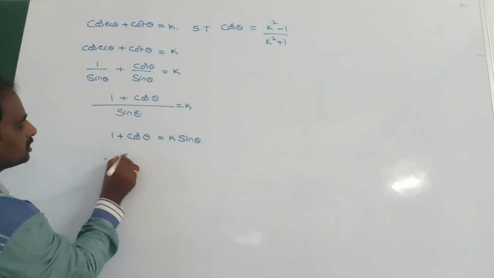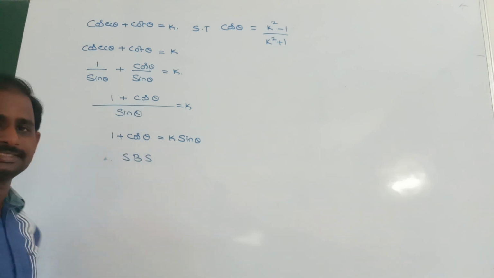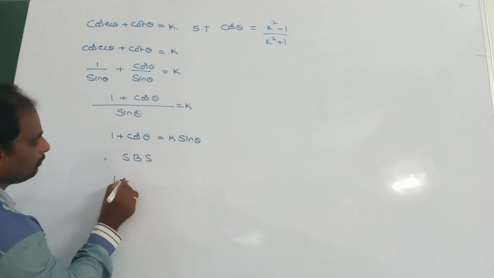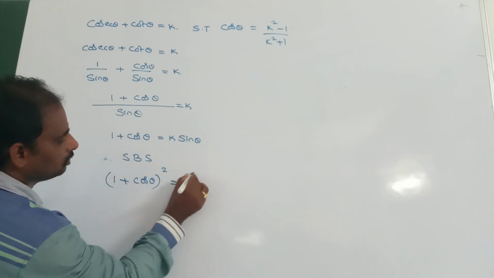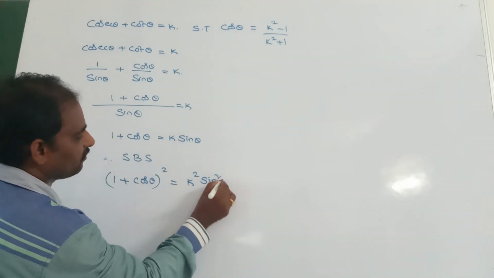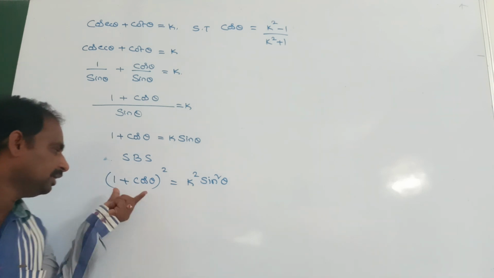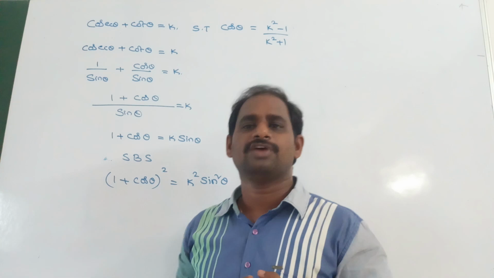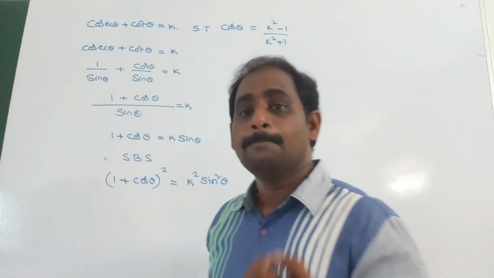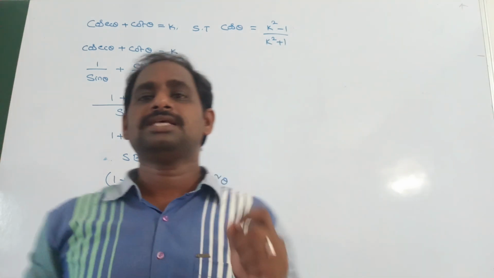Now doing squaring on both sides, that is (1 plus cos theta) whole square is equal to k square sin square theta. Clearly it is in the form of (a plus b) whole square, with formula a square plus 2ab plus b square.